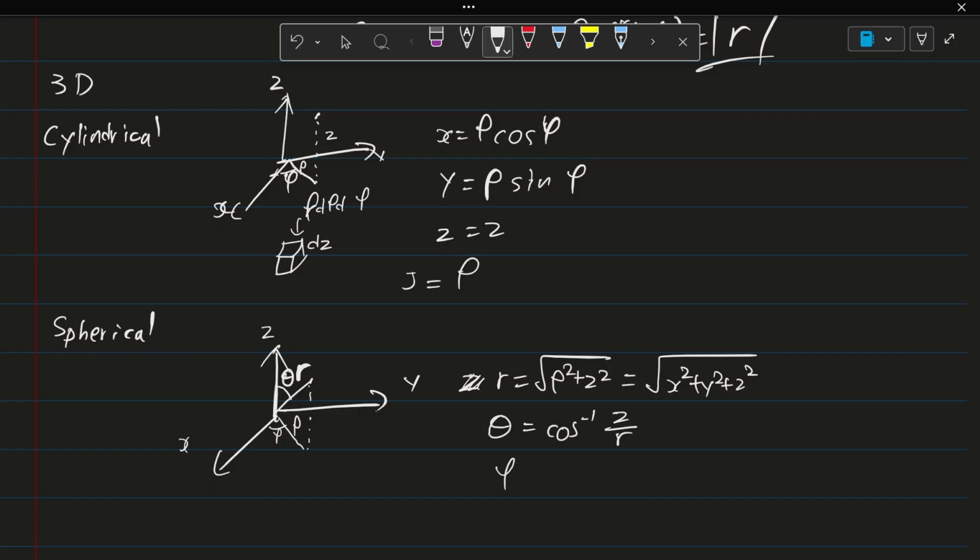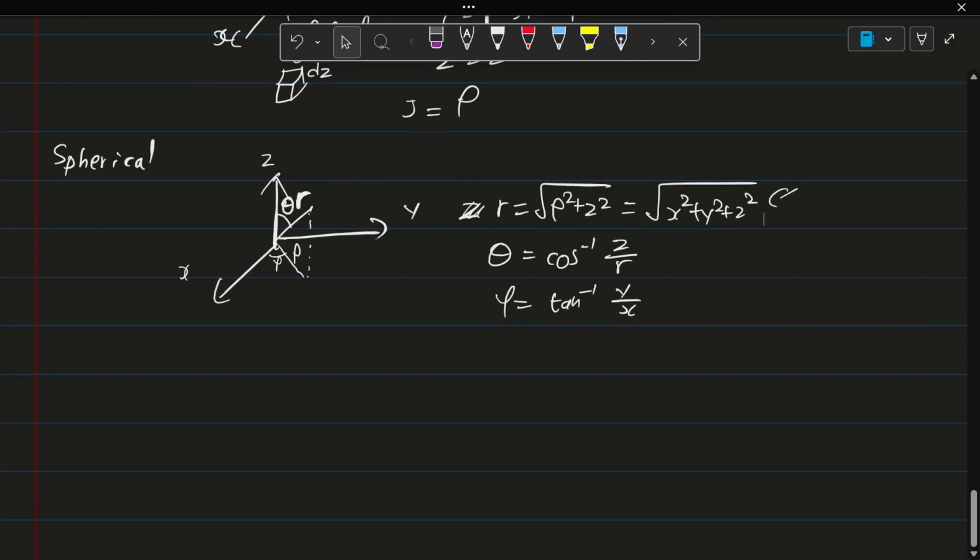And phi is going to be the inverse tan of y over x. So it's something that we have seen before. The arctan of y over x is already something which we know. This part we already know, but the theta is something a little bit different.